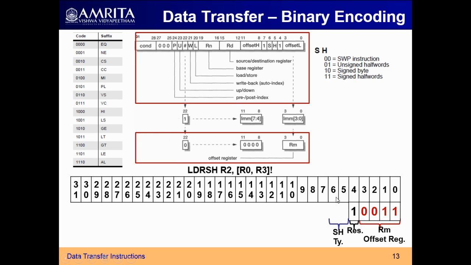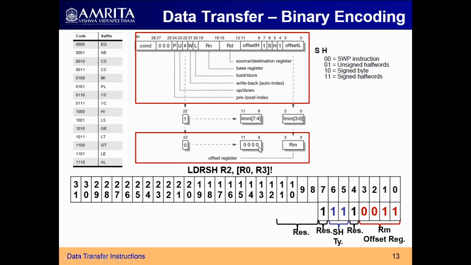Then bits 5 and 6 will be SH. SH stands for signed half word, so it should be 11, same as the previous one. Then bit number 7 will be reserved as 1, you can see here. Then bits 8 to 11 will again be reserved as 0000.